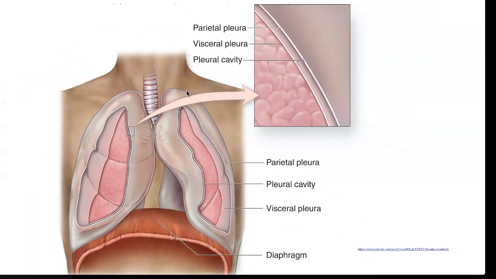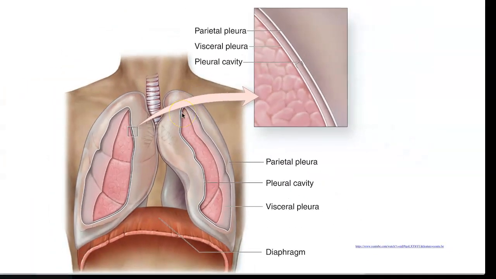So this is another picture. I'm trying to show you multiple pictures so you can kind of visualize this. Here they're actually showing you the parietal and visceral pleura. They've cut a window through it so you can see these two layers. Here is the outer parietal pleura. Here is the visceral pleura right on top of the lungs.